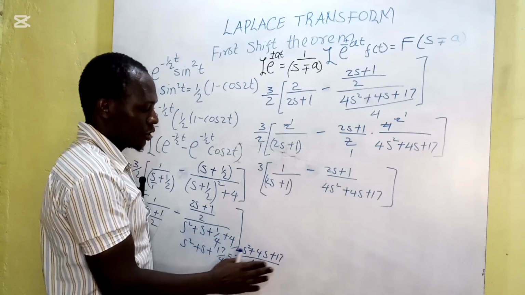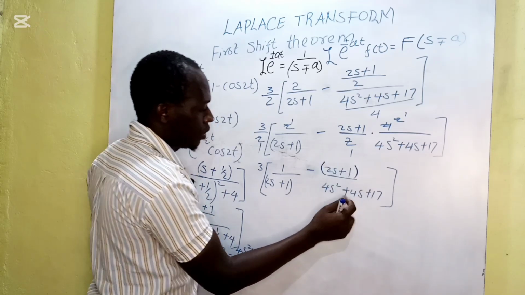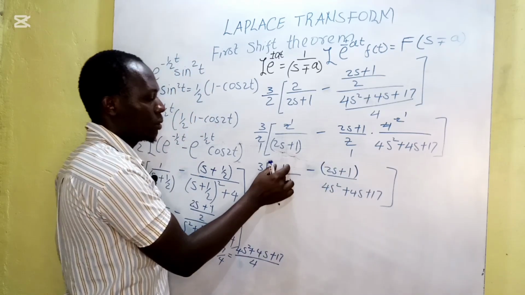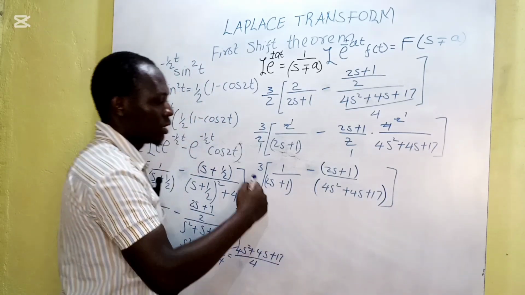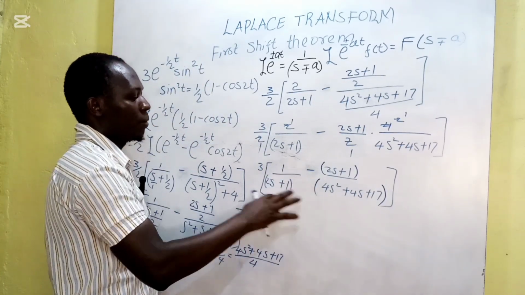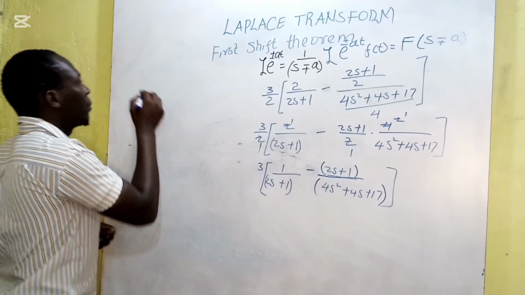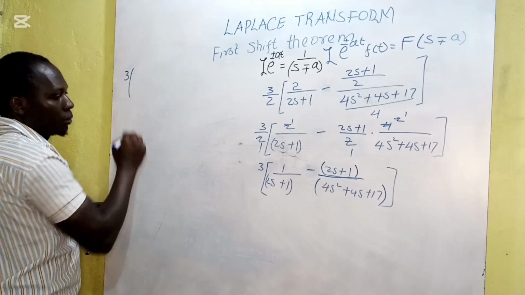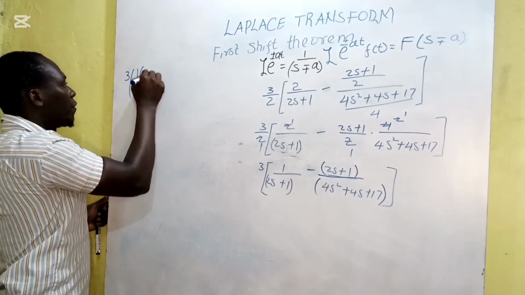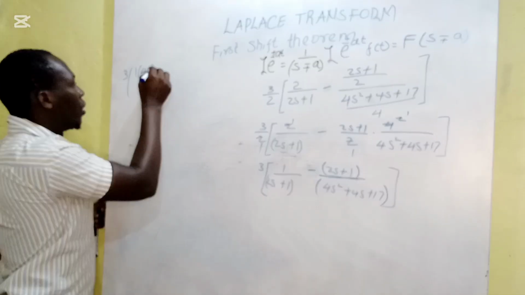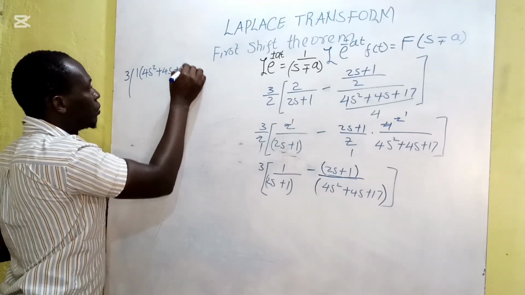Now from this point, we take this bracket, we multiply by this bracket here. We take whatever we are having here, we multiply by 1 here, and then we multiply our denominator. That is how we are going to simplify our fraction here. By simplifying our fractions here, we are going to have 3 into 1 we multiply by 4s squared, we add to 4s, we add to 17.